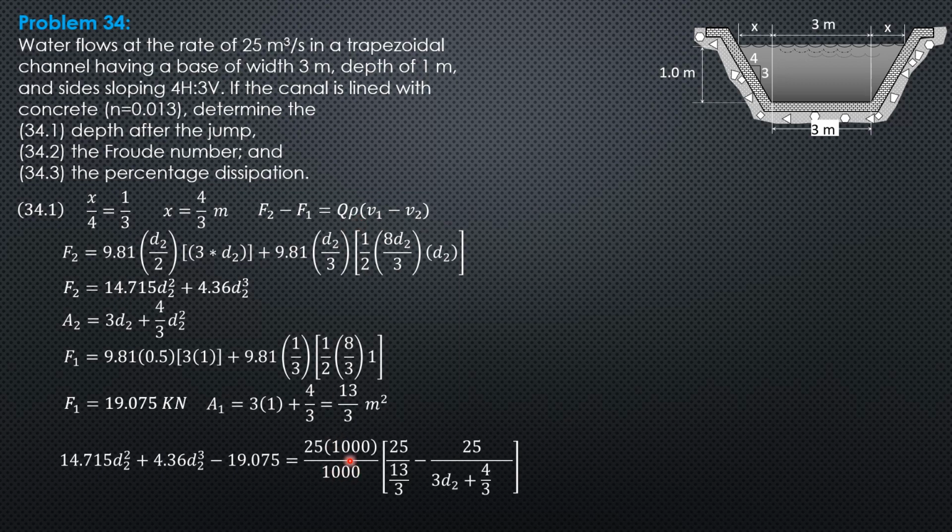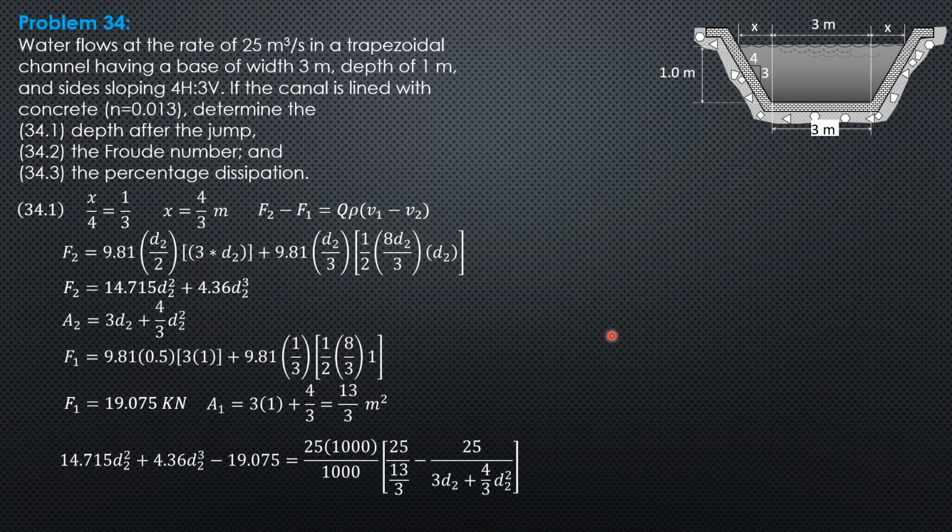We divide by 1000 because the left side is in kilonewtons. If you do not divide by 1000, the right side will only be in newtons, so to be consistent. Then discharge, V1 is discharge over area 1, 13 over 3, minus V2, discharge over area 2. Area 2 is 3d2 plus 4/3 d sub 2 squared.